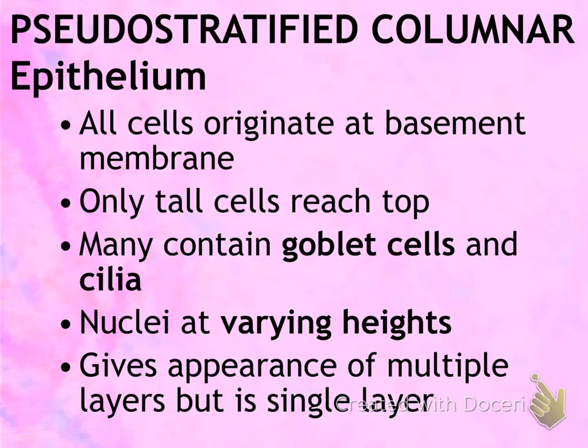Because this one is a columnar cell, you might mistake pseudostratified for simple columnar epithelium. The way you're going to tell those apart has to do with the varying heights of the nuclei. In simple columnar, the nuclei are all in a row. But in pseudostratified, they can be staggered.